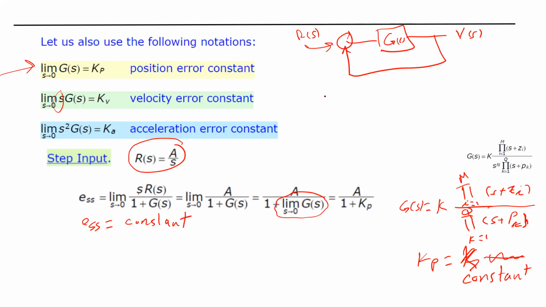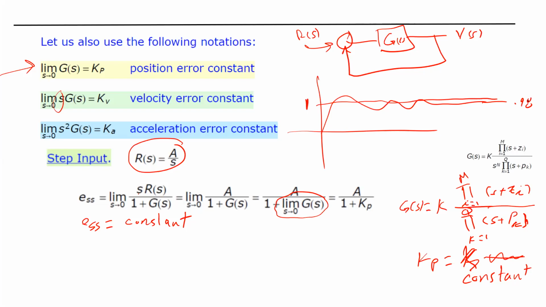So basically, suppose this is my step function. If this is 1, the response could be whatever, let's say 0.98. So I'm not reaching my final destination precisely.